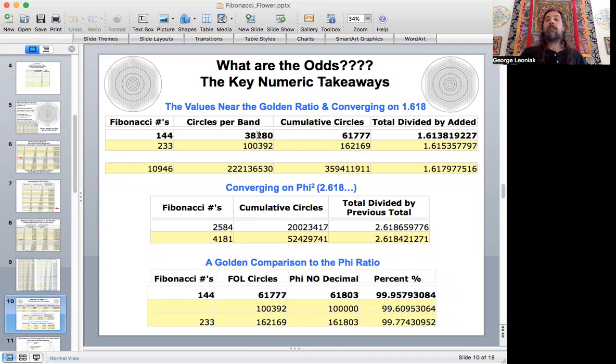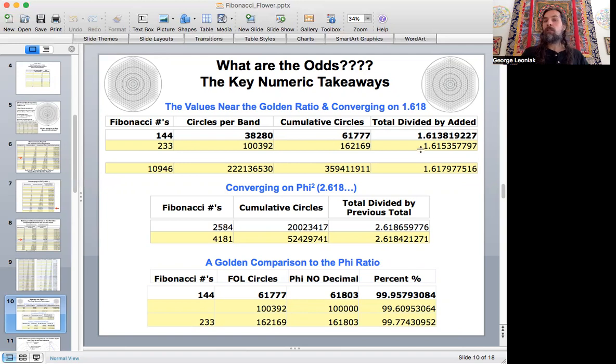And of course, that is 0.381, 0.618, 1, and 1.618. That's how that relates to the golden ratio. Okay, and that's shown down at the bottom here.